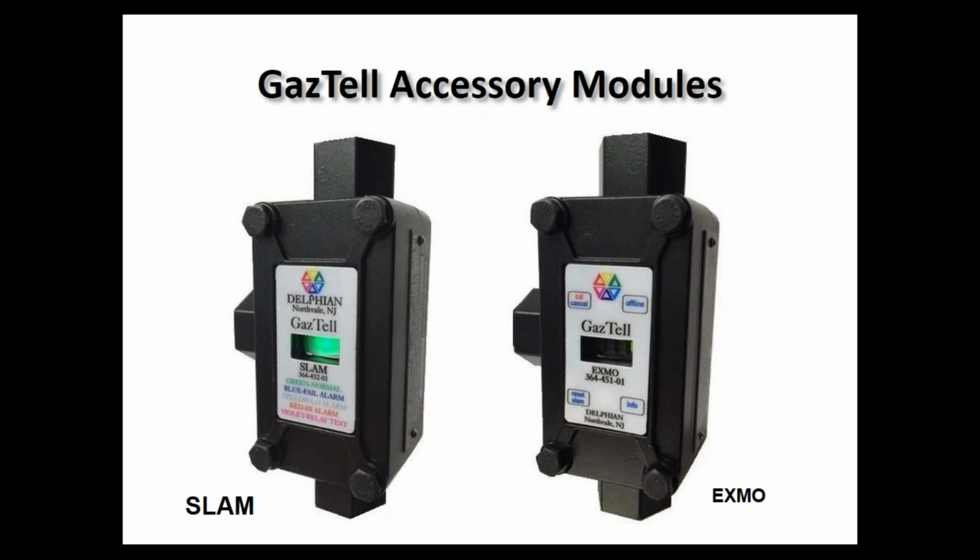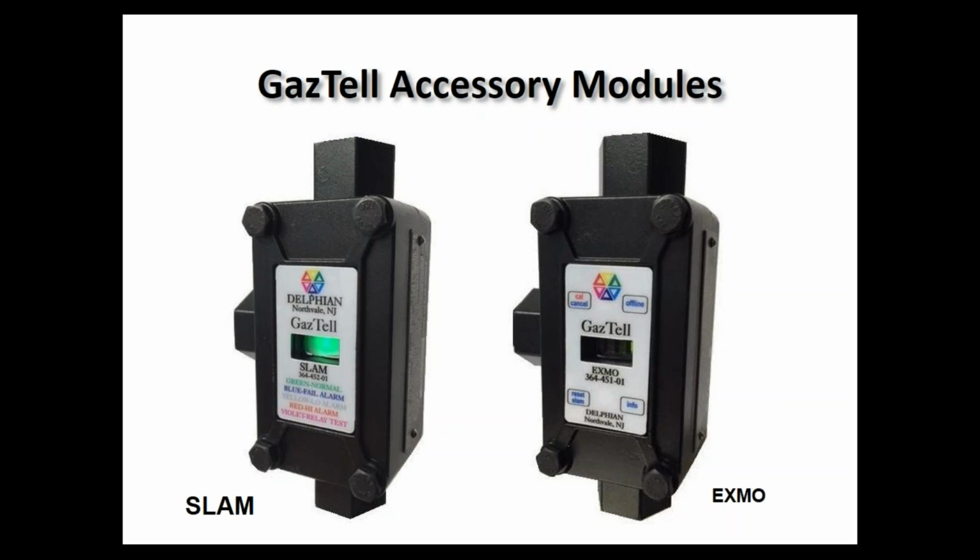So whatever the detector is showing, the XMO is showing as well. And it mimics the 5 or 6 different magnetic Hall effect switch actuations that you can do. So you can take it offline, you can calibrate, put it in calibration mode, you can reset the SLAM, all from the gas cell XMO.